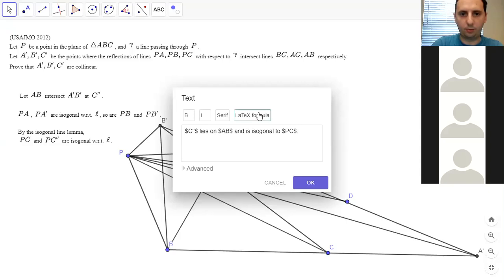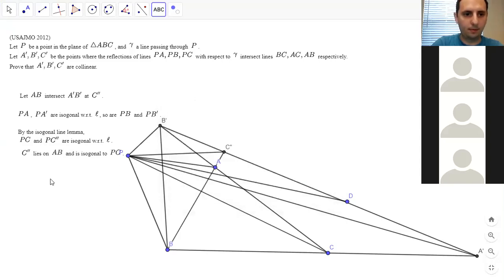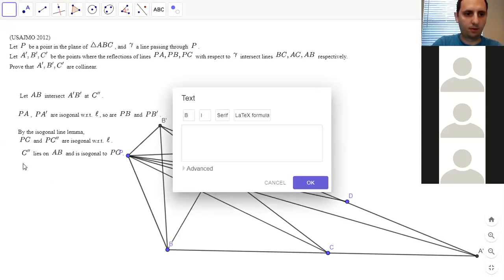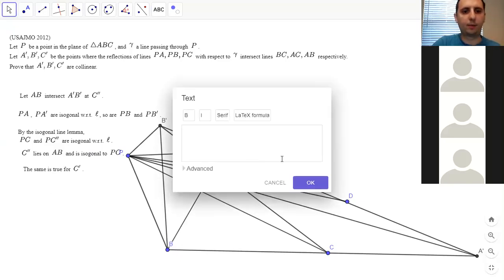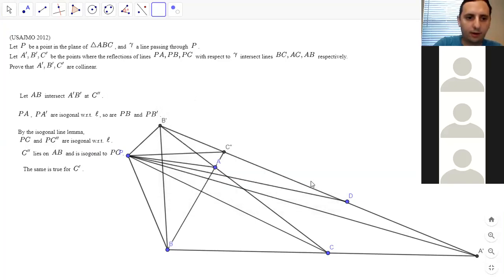And the same is true for point C prime. So then we have C prime equals C double prime. And that means that A prime, B prime, and C prime are collinear. All right, let me check the chat.